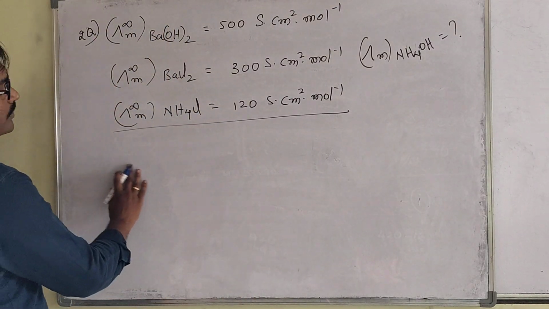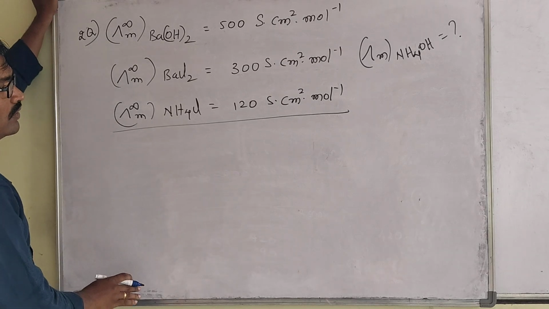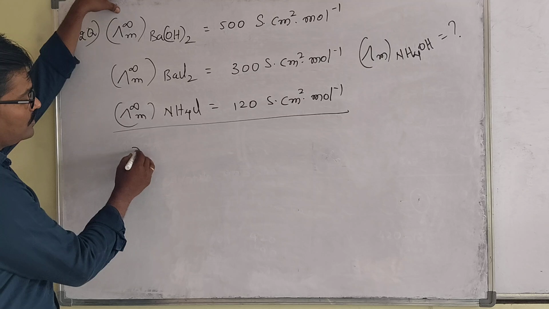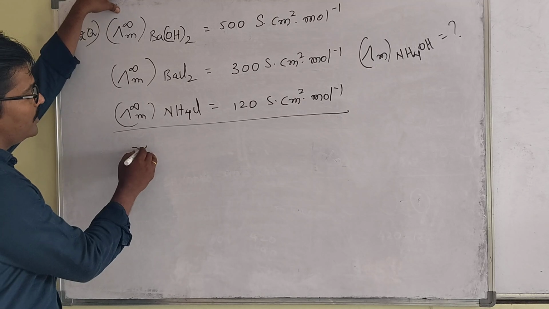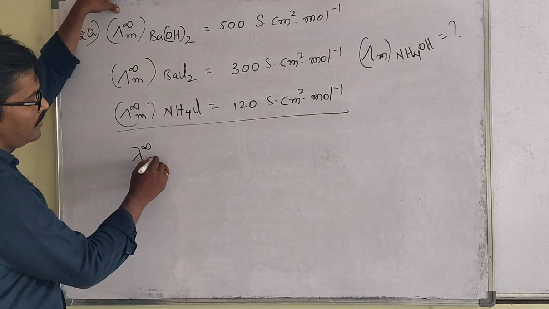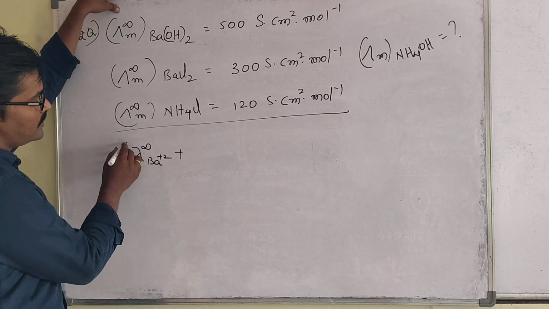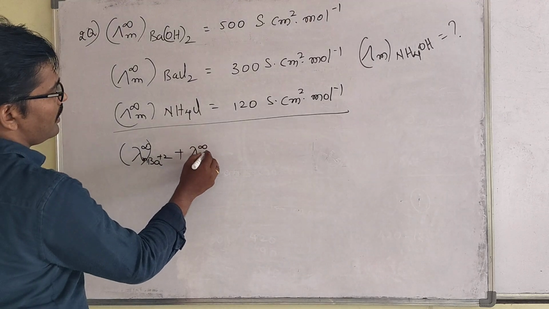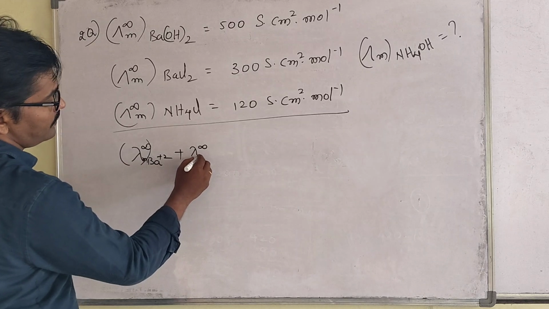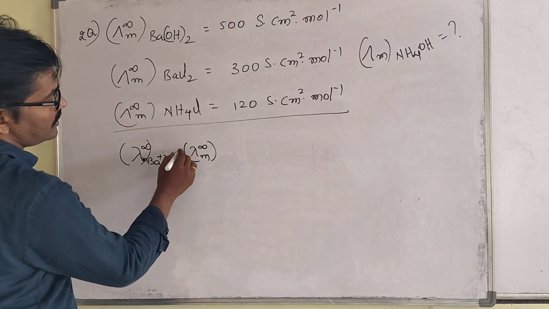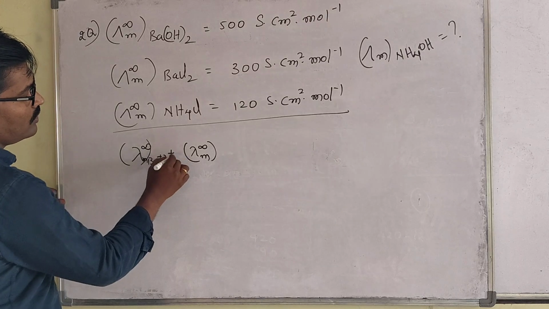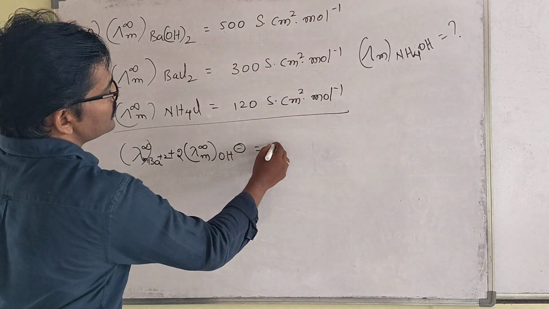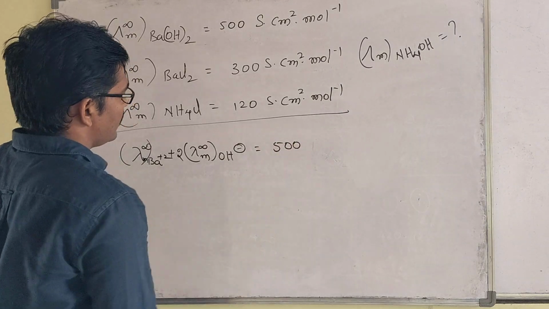To get the limiting molar conductivity of NH4OH, first we note the contributions of the individual ions. Limiting molar ionic conductance of Ba+2 plus the ionic conductance of 2 moles of OH minus ions is equal to 500. Clear?